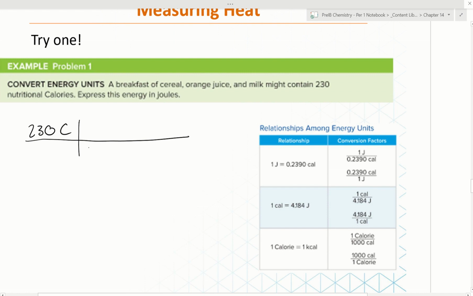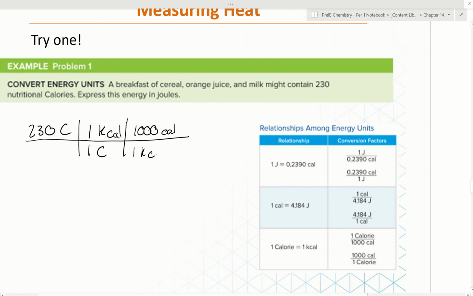So we know that 1 Calorie is 1,000 little calories. Or we can do it this way. If we follow this table down here, we know it's 1 kilocalorie, and for every 1 kilocalorie, we have 1,000 calories.